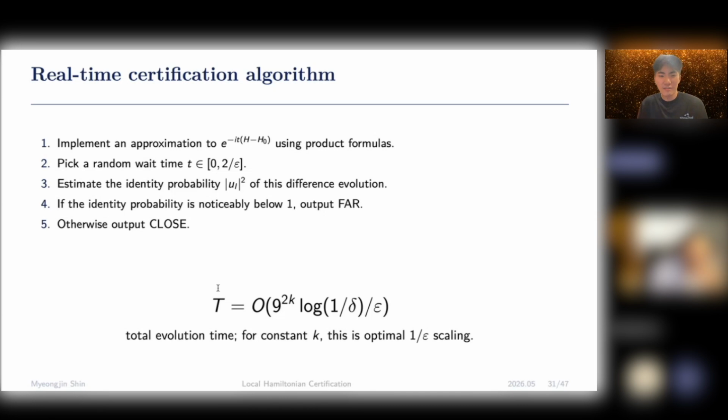And then if the identity probability is noticeably far from 1, then we can output far. And if it's close to 1, we can just output close.